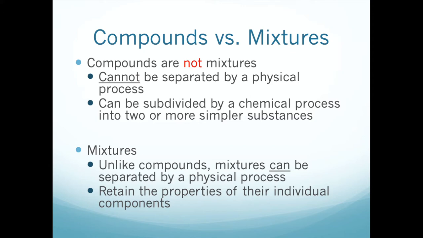In the case of a mixture, instead of getting new properties, your mixture kind of has the sum total of the parts of the mixture. So for example, let's say we're looking at salt water. You mix salt and water together. The resulting solution is still wet like water. It still tastes salty like salt. Okay, so you see where I'm going with this. You kind of get both sets of properties from all the parts of your mixture.